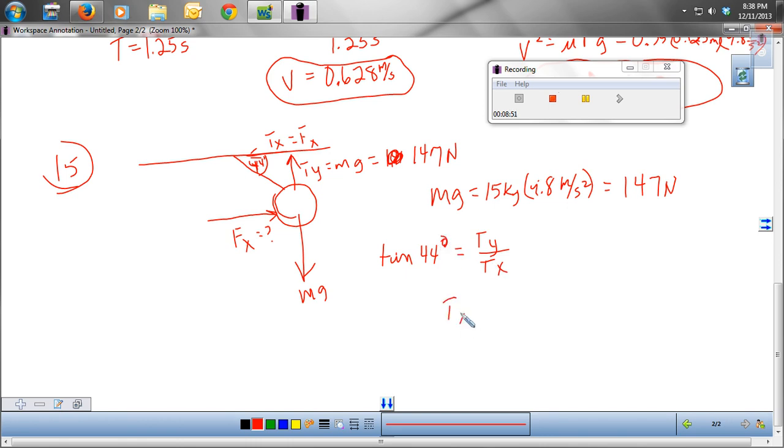So Tx is really just Ty divided by the tangent of 44. So Ty is 147 newtons divided by the tangent of 44.